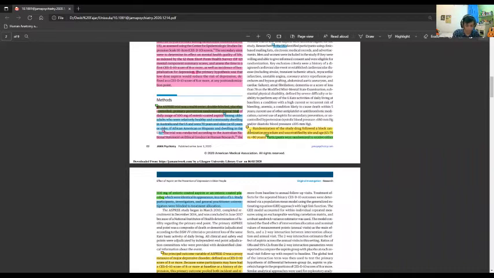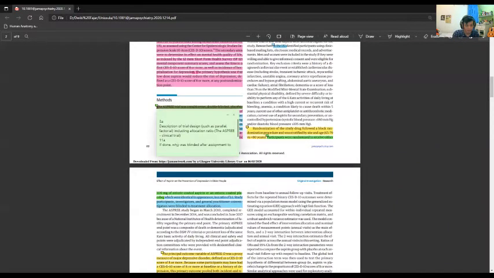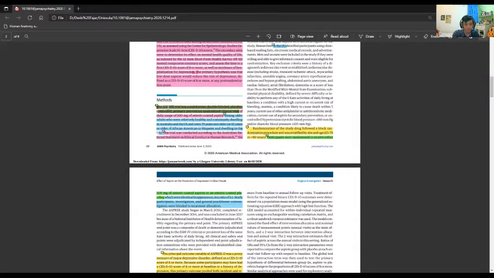So there's 11A and 11B. So 11A is blinding. Who was blinded after assignment to interventions and how it happened. So this is 11A, right? So 11A means who will be blinded?